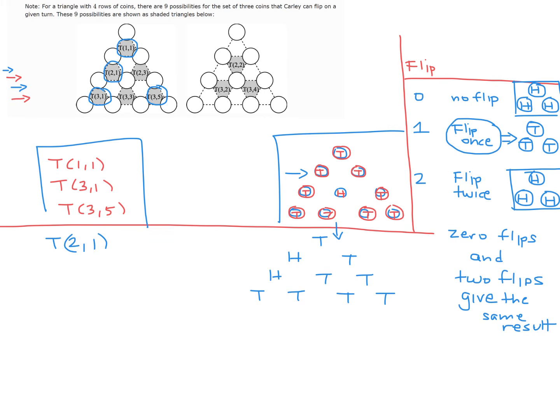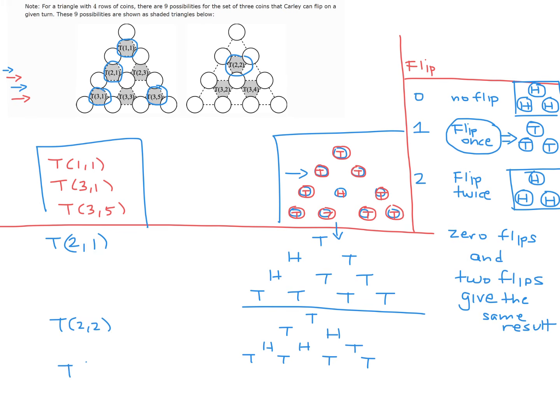Let's try T22. Let's try this guy. If we do that, we get T, H, H, T, T. Okay, did we win? No. Okay, let's keep going.